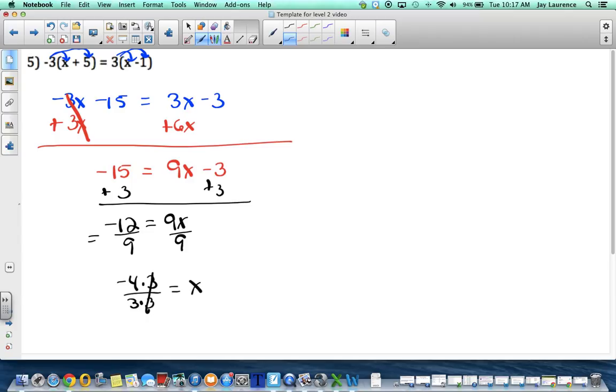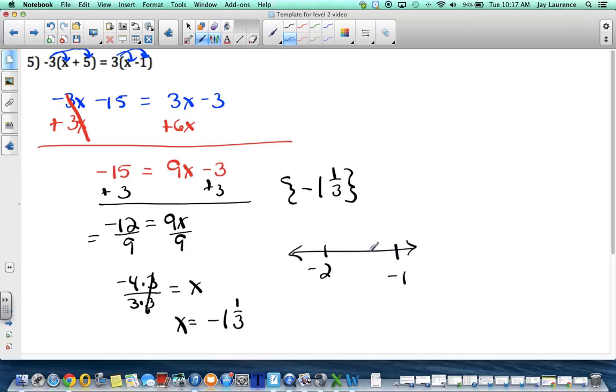So x is going to equal negative 4/3, and I'll go mixed number and make it negative 1 and 1/3. My solution set will be negative 1 and 1/3. And then on a number line, I'll show negative 2, show negative 1, negative 1 and 1/3, and I'll have a closed point right there.